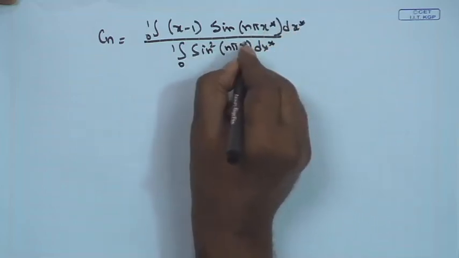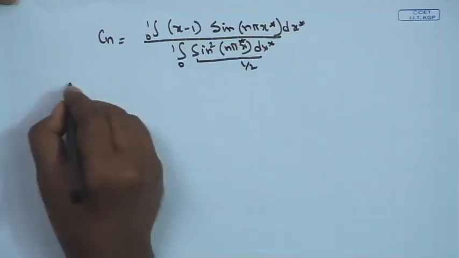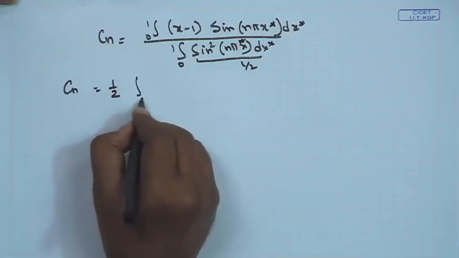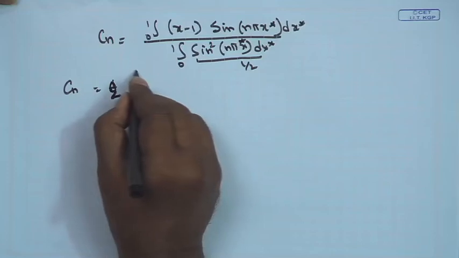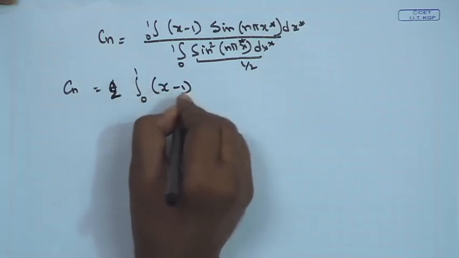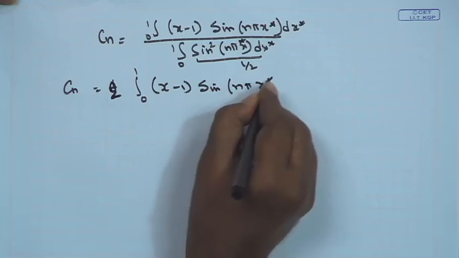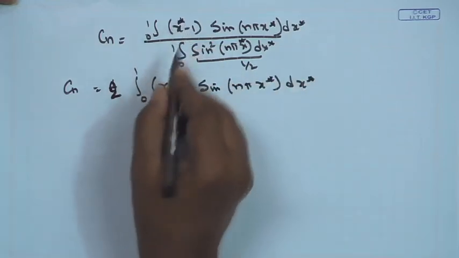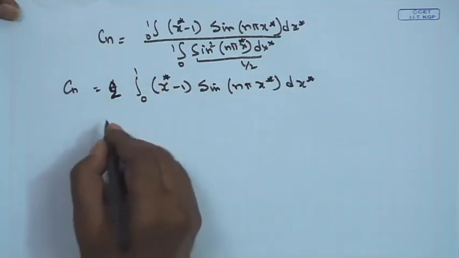These will all be stars, and we have seen that the denominator will be half. So Cn is equal to 2 times the integral from 0 to 1 of x minus 1 sine n pi x star dx star. All x's will basically be stars, non-dimensional. One can integrate by parts.